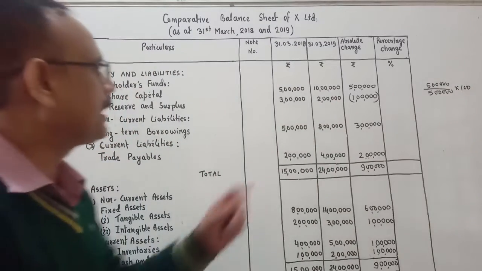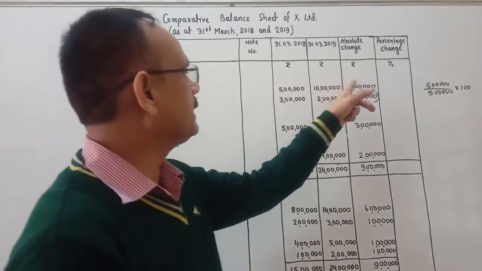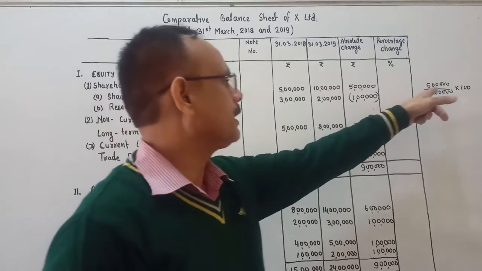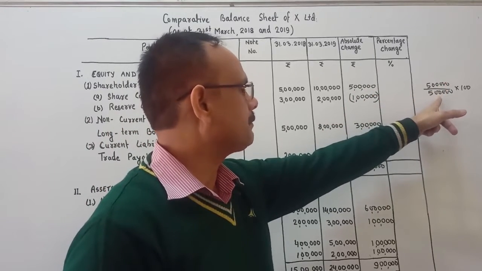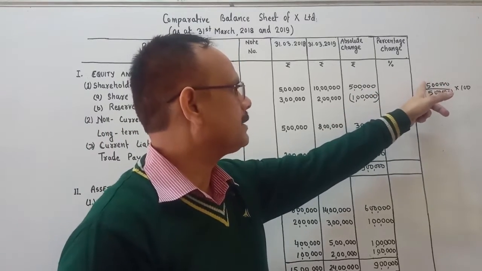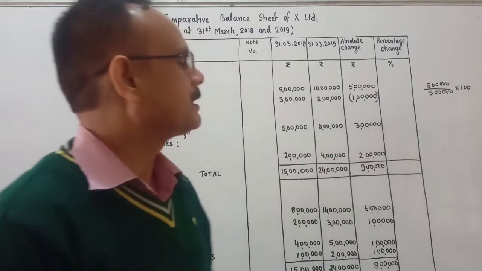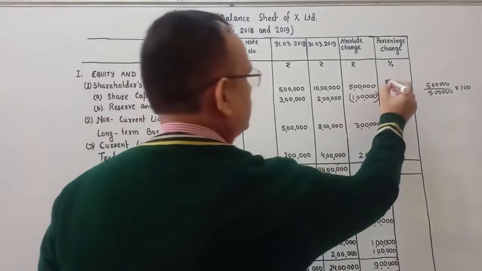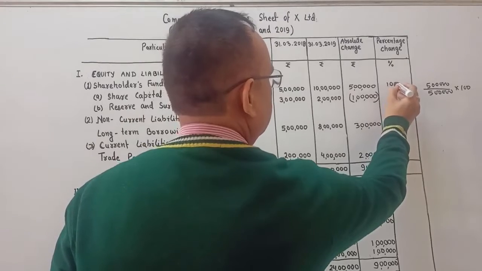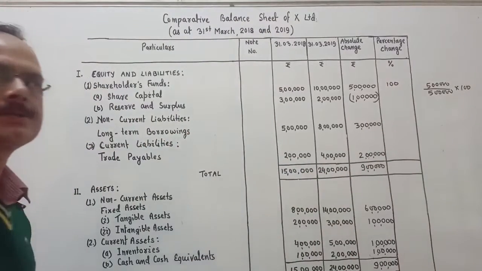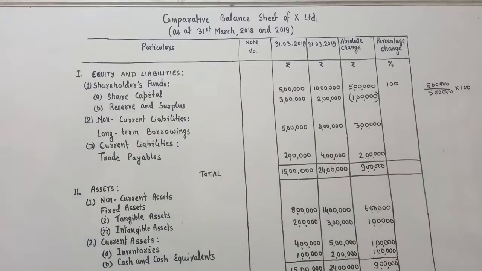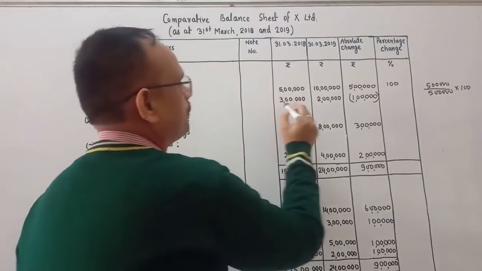Previous year figure was 5 lakh and it is increased by 5 lakh. So, we calculate the percentage: absolute change upon previous year figure into 100. So, it is 100%. Is it clear? 100%.